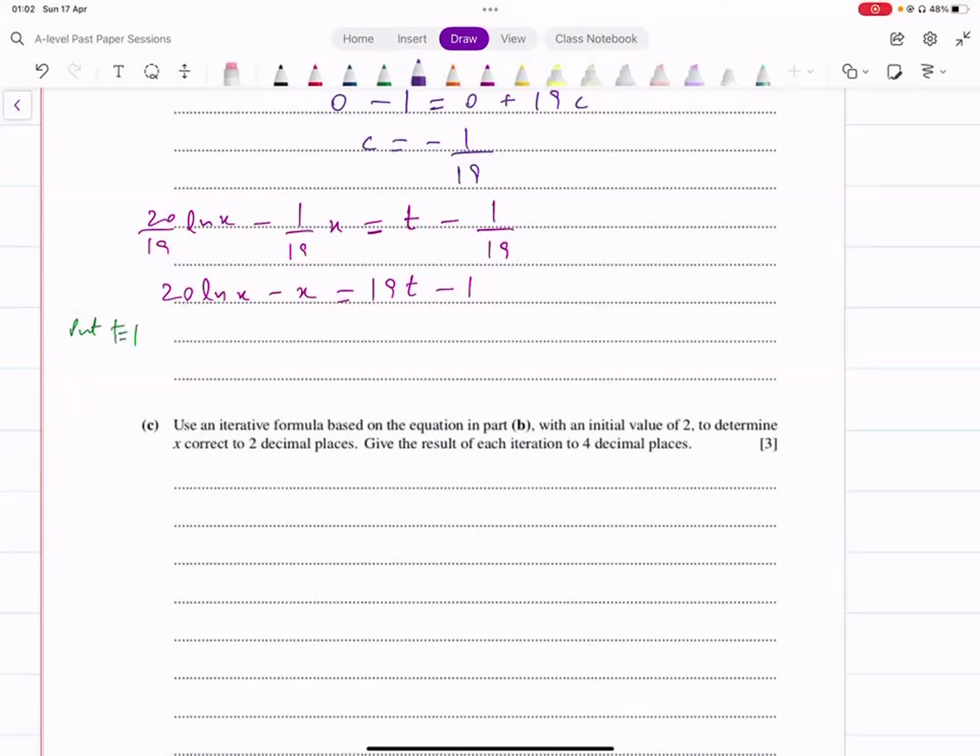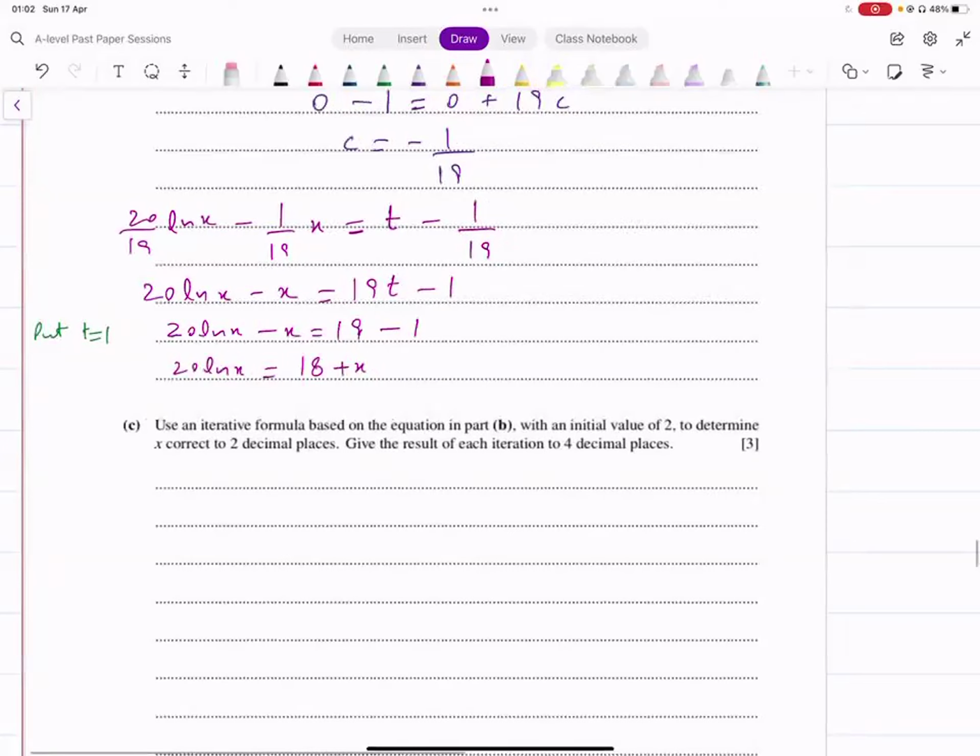t 1 input करेंगे तो हमारे पास क्या आ जाएगा, we will get 20 ln x minus x equals 19 minus 1, and that becomes 20 ln x equals 18 plus x. ठीक है?